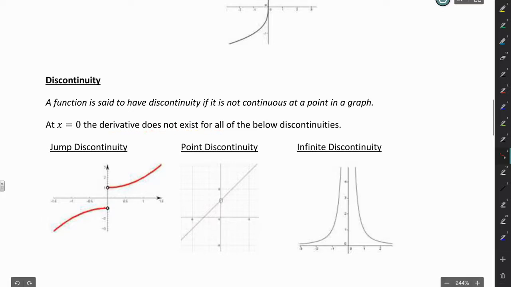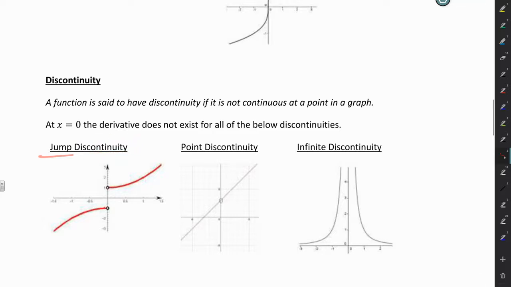At x equals 0, we can't draw a derivative because we have a jump discontinuity. We have a break in the graph right at x equals 0. Now we have derivatives before x equals 0 and derivatives after x equals 0, but not right at x equals 0. So the first one is jump discontinuity.